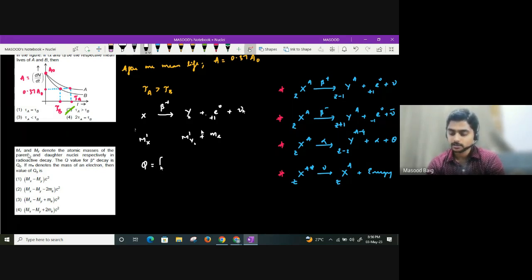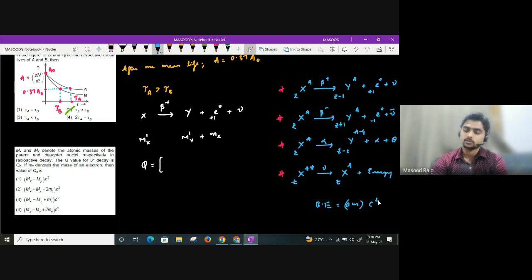Or I can write, because from the famous Einstein's mass energy equivalence, we know energy will be given as delta M into c square, mass defect into c square. So if energy is released, it means mass of reactants will be more than mass of products, guys.